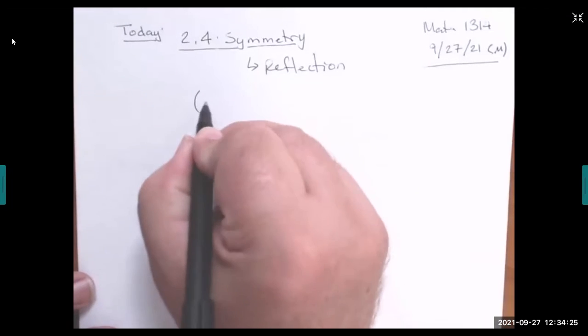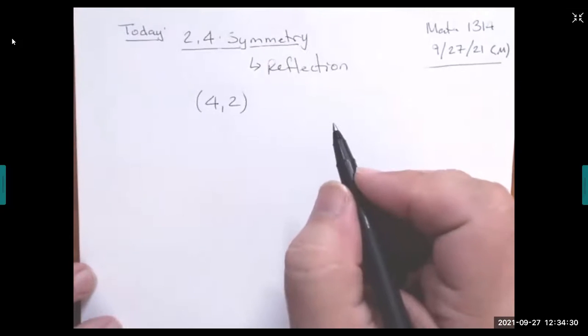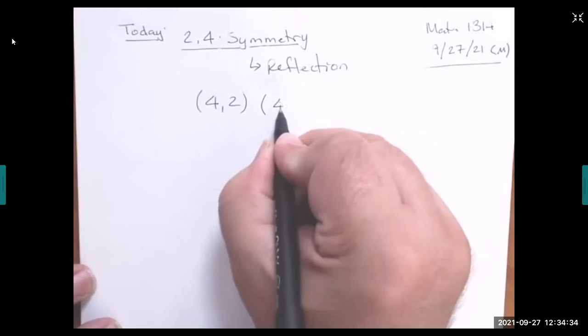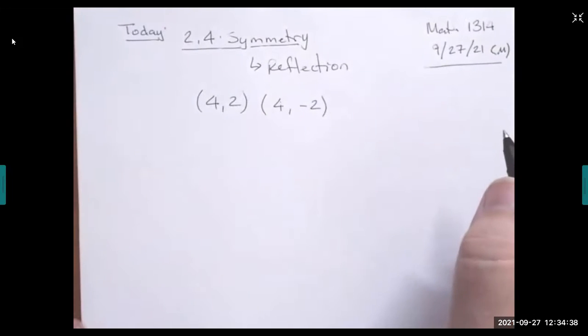For example, if I had a point (4, 2), then another point (4, -2), what are those 2 points reflected across?